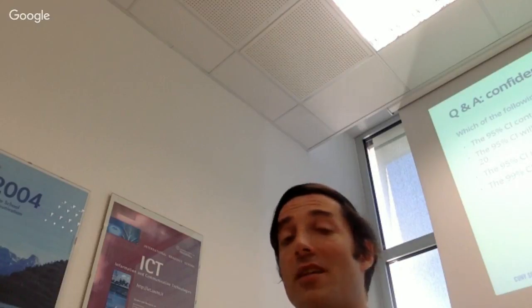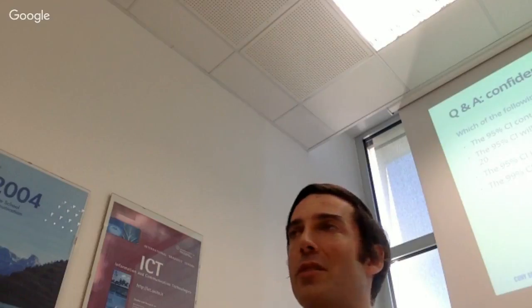How about this third one? The 95% confidence interval is 95% probable to contain the population mean. Yes or no? I don't think that's true. Yeah, they're right. It's a bit of a trick question.